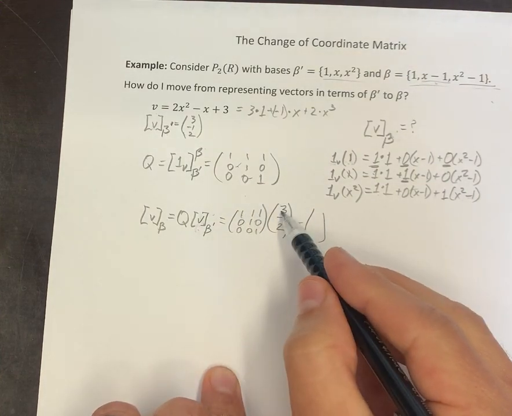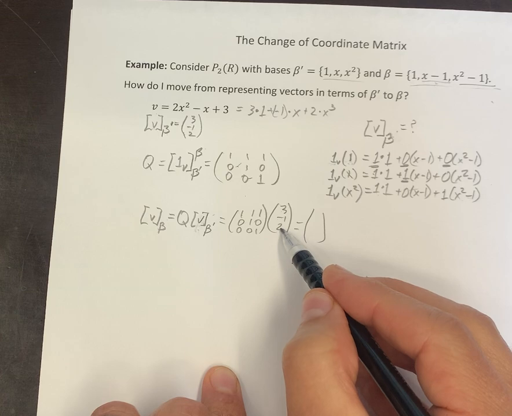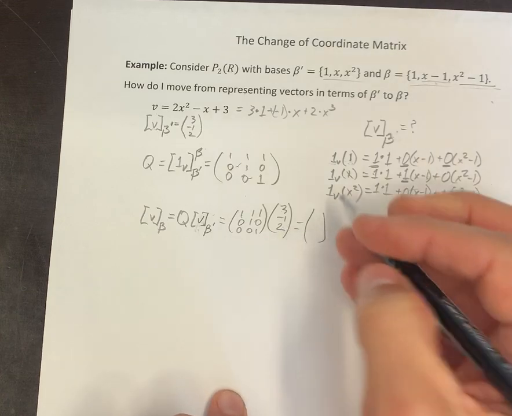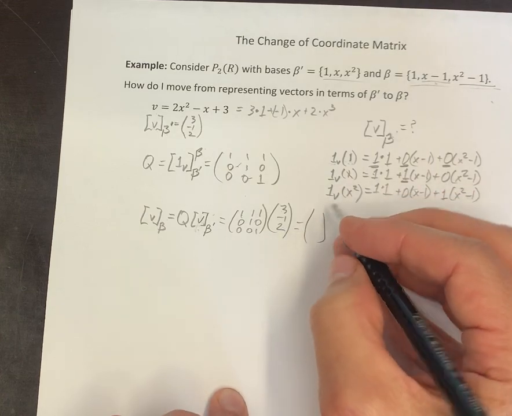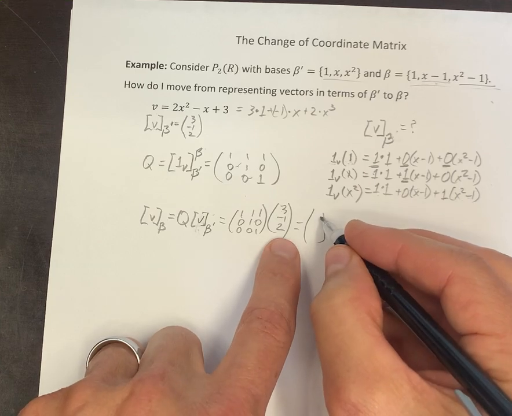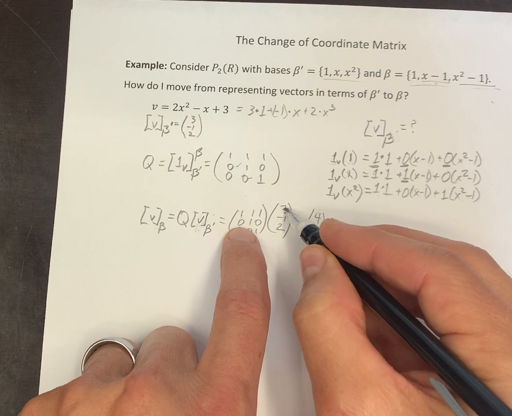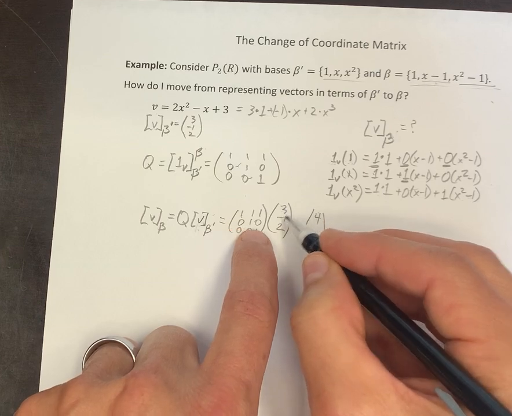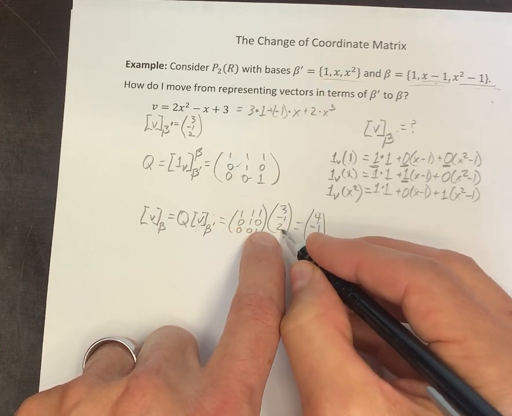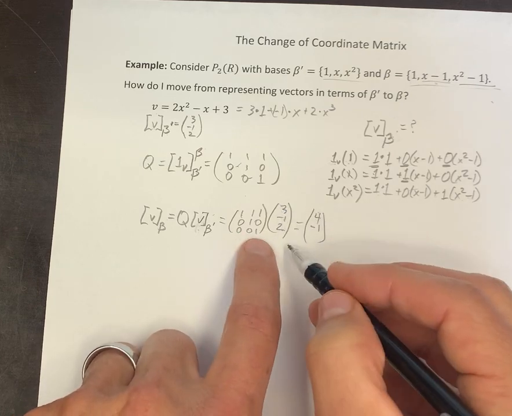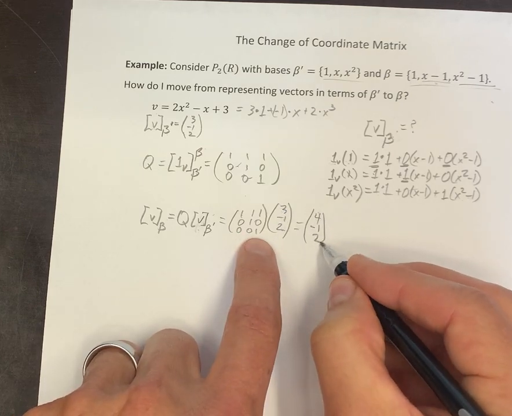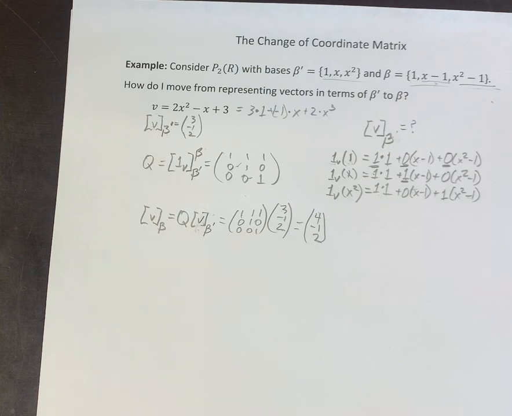So 3 minus 1 plus 2 makes what? 4. Then I've got 3 times 0, negative 1 plus 0. And then here I've got 2, right? So there is my matrix.